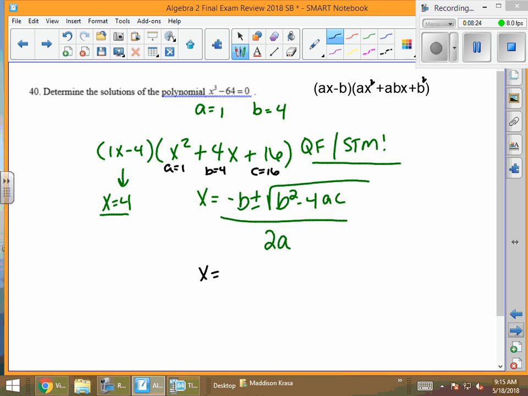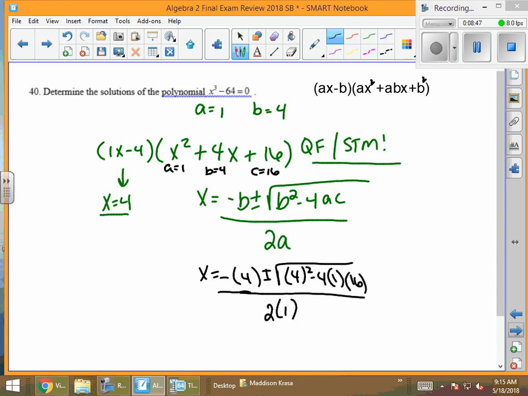So we're going to go ahead and fill those into our quadratic formula. And remember, when you're doing the quadratic formula, the square root is not the only thing that's over 2 times a. The whole thing is over 2a.